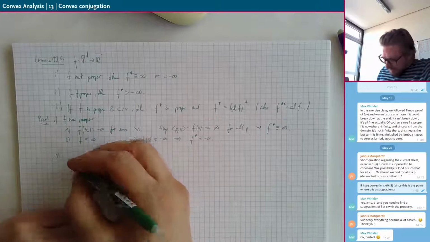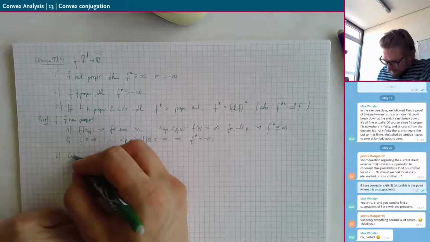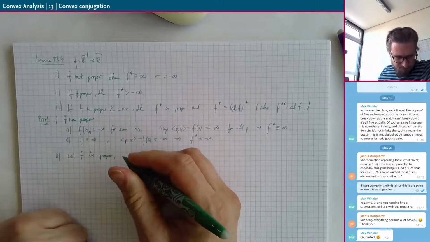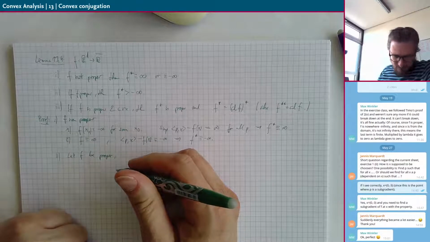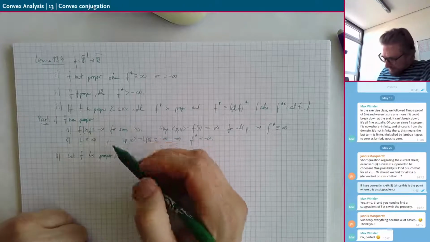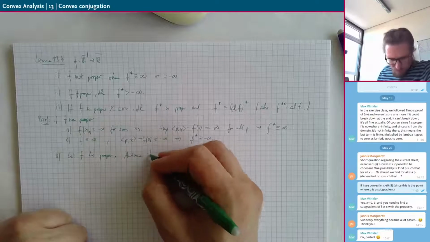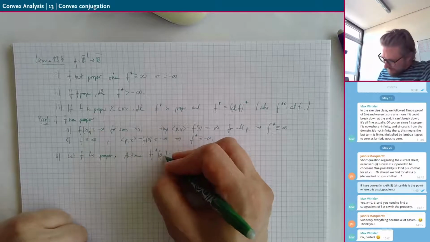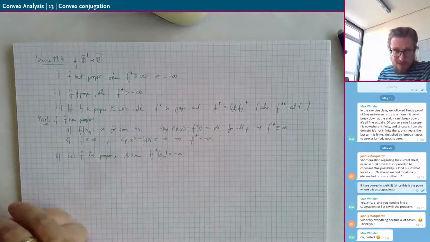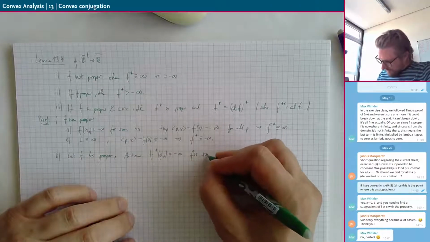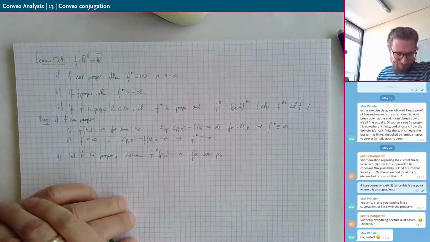Okay, so what if f is proper? So let f be proper, and then assume that the conjugate at some point p0 is negative infinity, minus infinity, for some p0.